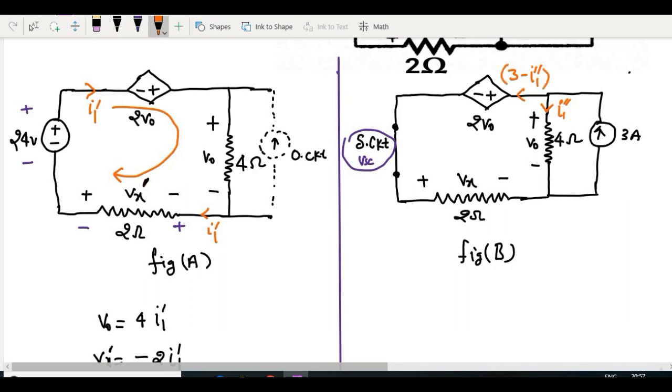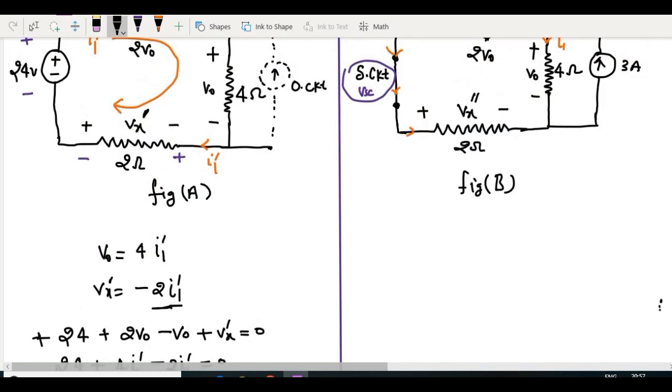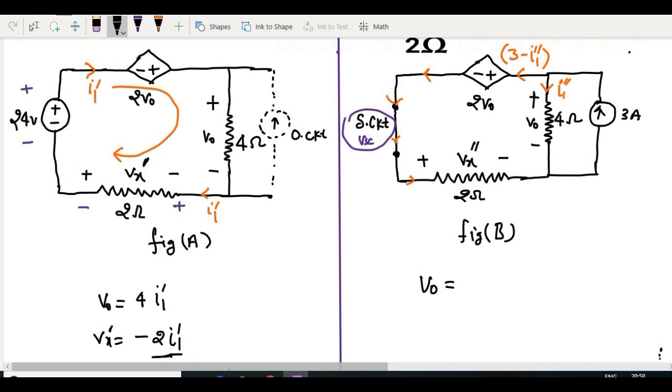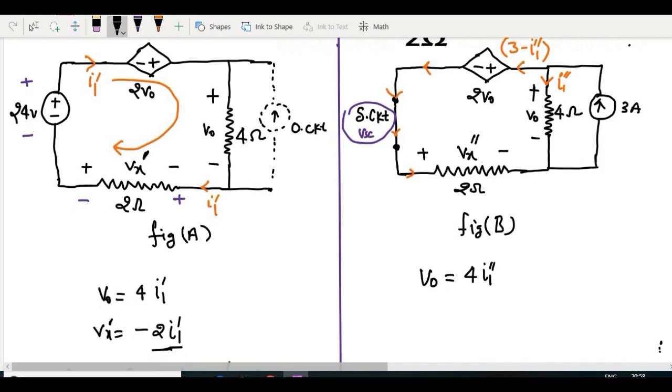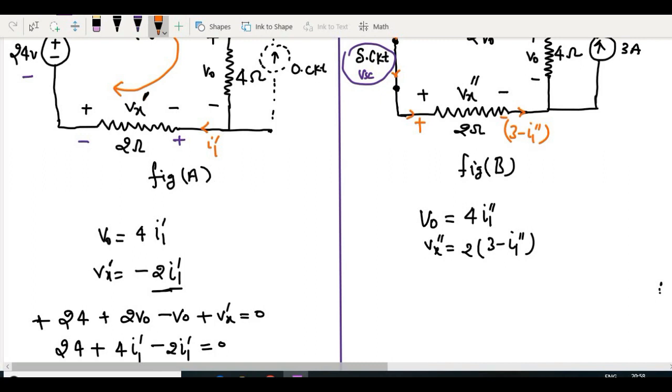Here Vx double dash is the voltage drop due to the 3 ampere current. Vo will be 4 times I1 double dash, and Vx double dash will be 2 times (3 minus I1 double dash), with the same polarity.